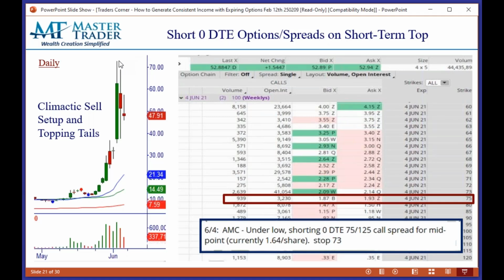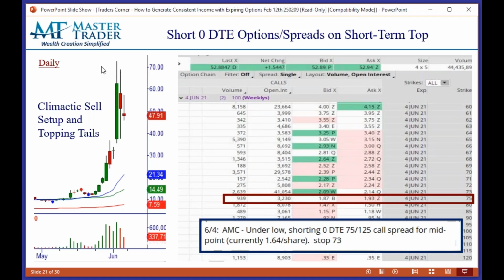Okay, I got a climactic sell setup. How much are you going to pay me to take on that risk? Look at this, folks. I just grabbed this 75 just to bring your eye to this. Now, this one's not a 0 DTE, but still, you see what I'm getting at here. So pretend this was 0 DTE, and of course, these are going to be smaller than they are now.